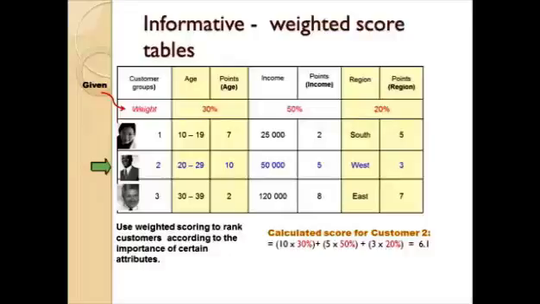This way, we can classify every customer based on the score that we calculated for them. Then based on the score value, we can rank customers and devise different marketing strategies for different groups of customers.